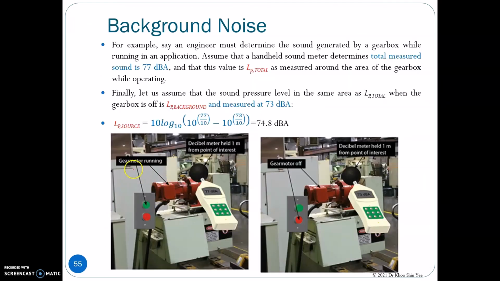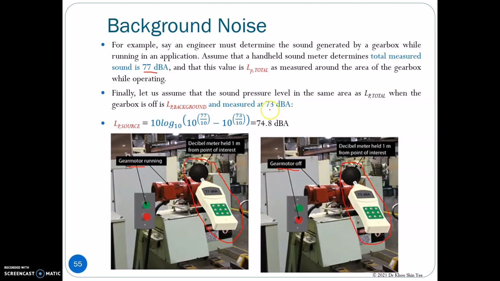In this example, when the gear motor is running, the other machine is working as well. So in this case, we measure the sound pressure level by using the handheld sound level meter here. From this measurement, the total sound that you measure is equal to 77 dBA. Then you turn off the gear motor and perform the sound measurement again.